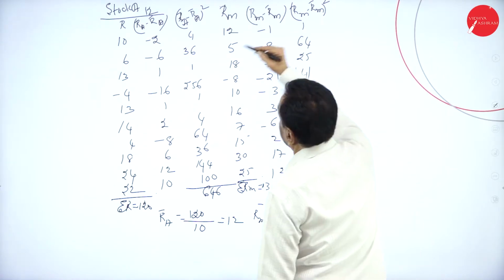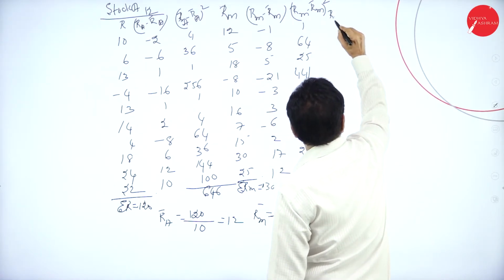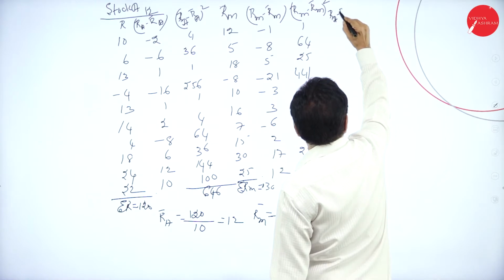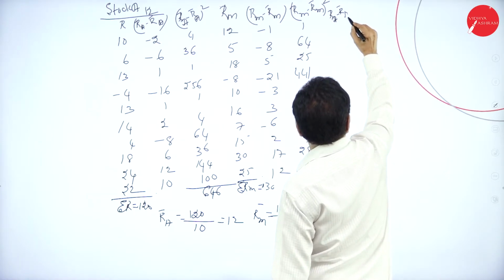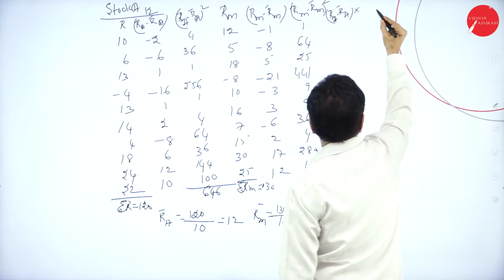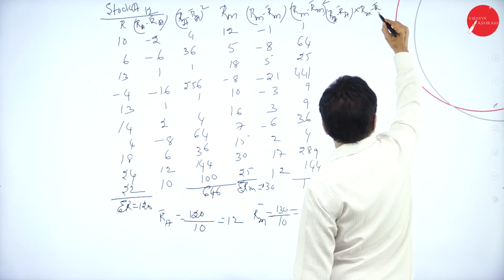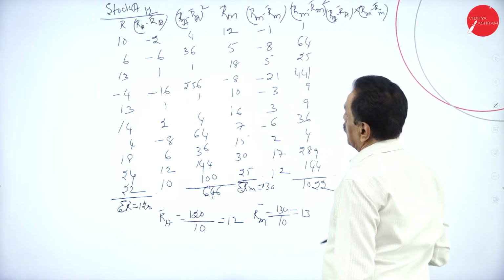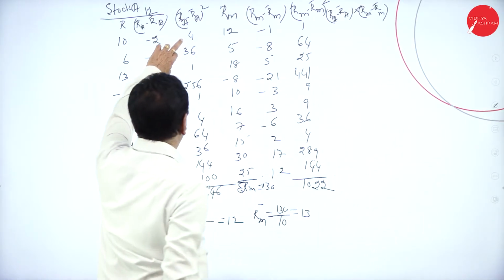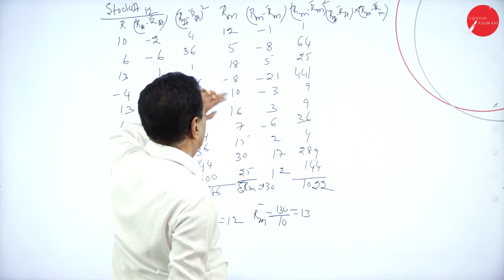Last step: R A minus R mean A into R M minus R mean M. You can call this dx dy.